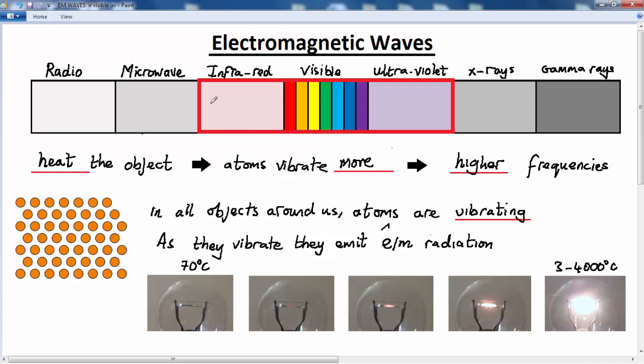So at room temperature, around 20 to 30 degrees Celsius, objects emit radiation strongly in the infrared region of the spectrum. That's what we also call thermal radiation. But as objects get hotter and hotter, they start to emit visible through to ultraviolet radiation. Very, very cold objects, where the particles are vibrating quite slowly, will in fact emit radio waves and microwaves.